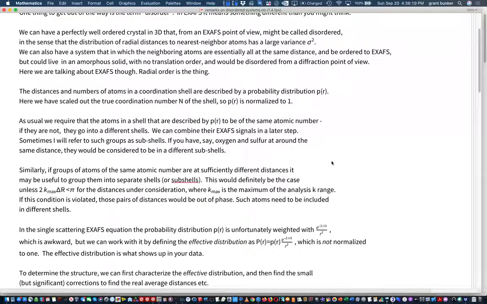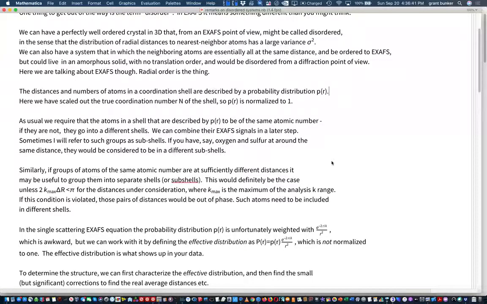Now, what's the criterion for being very different distances? There's a very good one: if they're far enough apart, their signals will beat. That is, they'll have destructive interference between them. If you're in that regime, then you definitely want to put the atoms into different subshells or different shells.